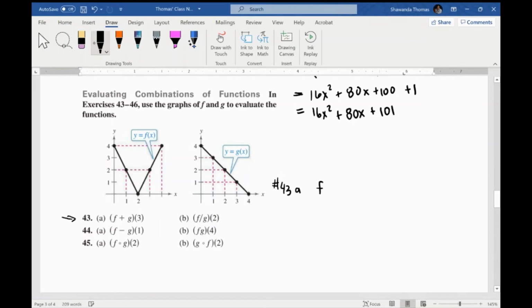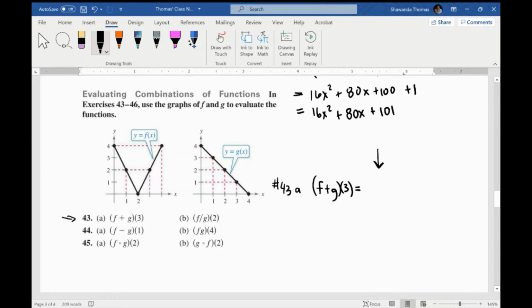A, you have F plus G of 3. Can you give me what you think the definition of that is? Let's not go too fast. Give me the definition.